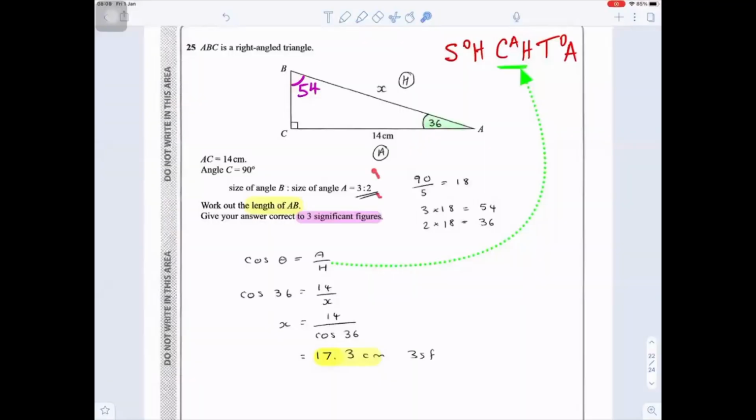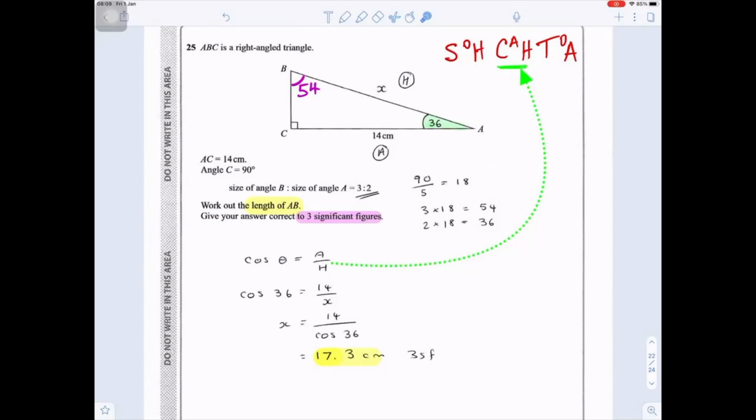So this part which says the size of angle B to the size of angle A is 3:2. If you add 3 plus 2, you get 5. And you want to get one part. So 90 divided by 5 is 18.